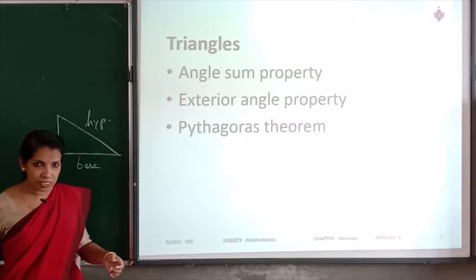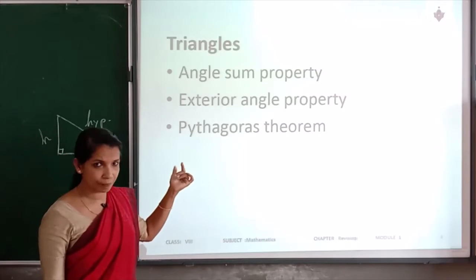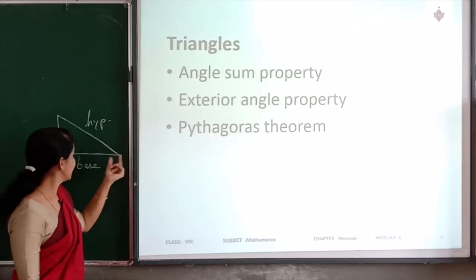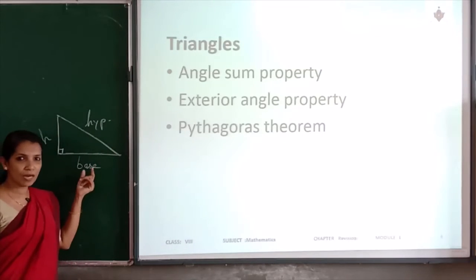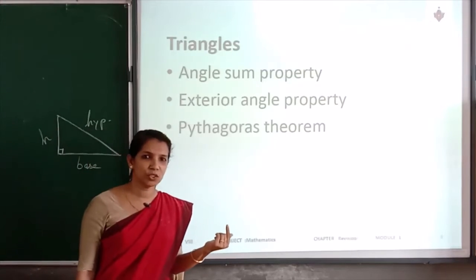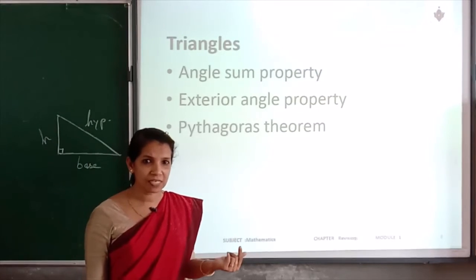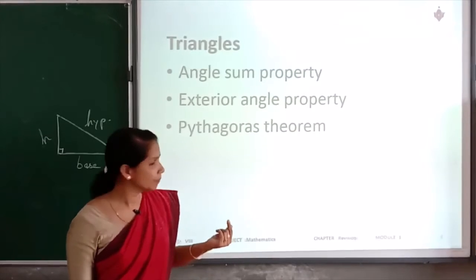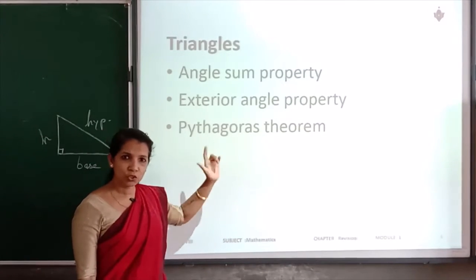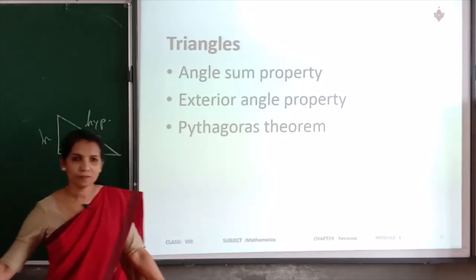So the Pythagoras theorem states that square of hypotenuse is the sum of the squares of other 2 sides. That is, hypotenuse squared is equal to base squared plus height squared. And there are many applications you have studied in class 7 using Pythagoras theorem.